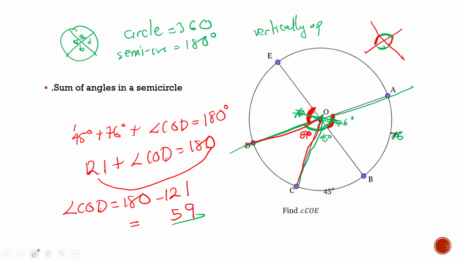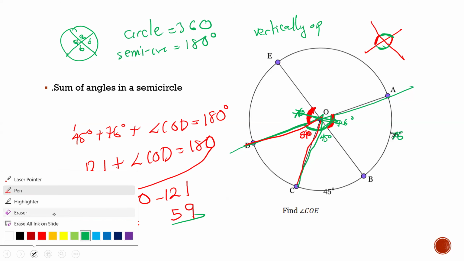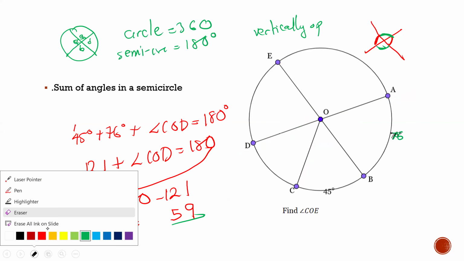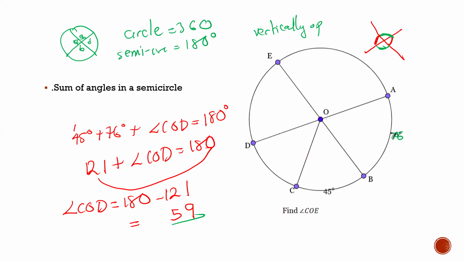So let me erase all this so it's now clearer. Again, let's go through it. This is 76. And because this is 76, look at this line. They are vertically opposite. So this is 76. This is also 76 degrees.